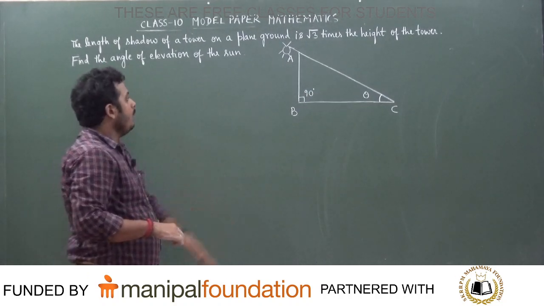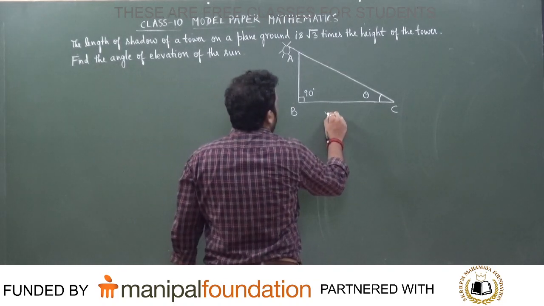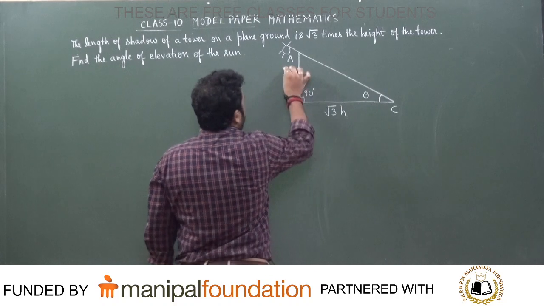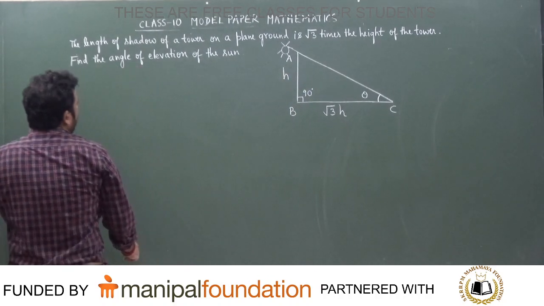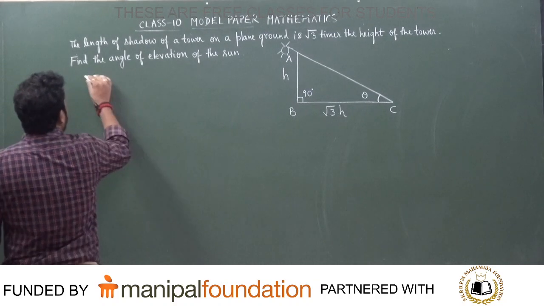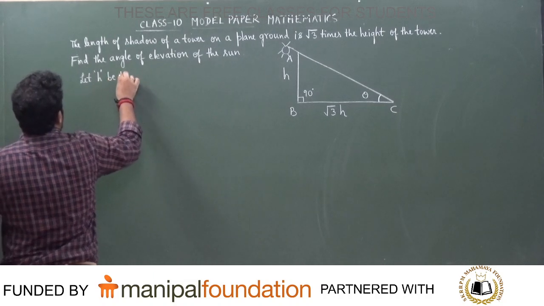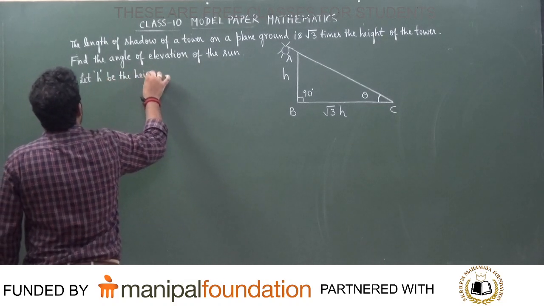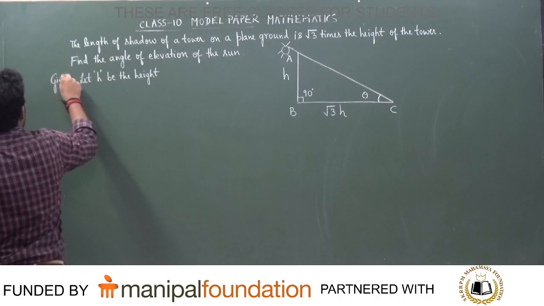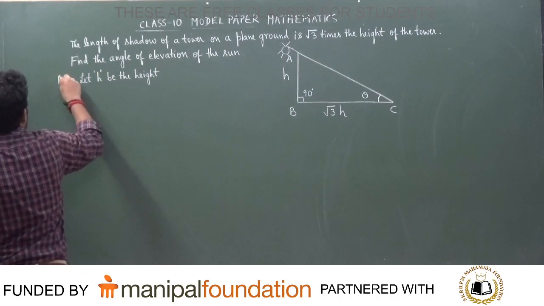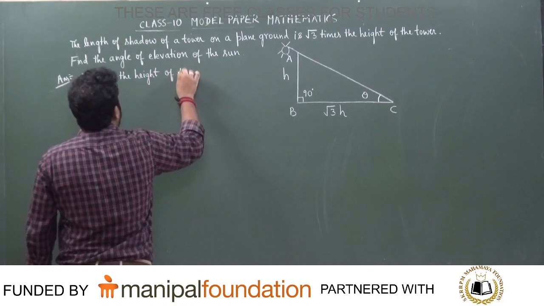Now what is given in the problem? The length of the shadow is root 3 times the height of the tower.